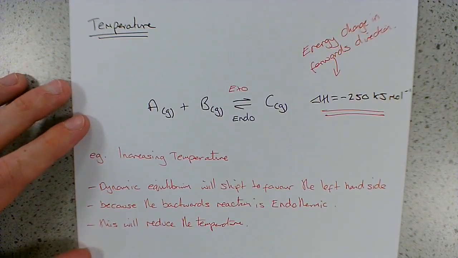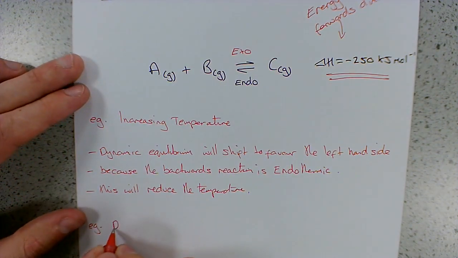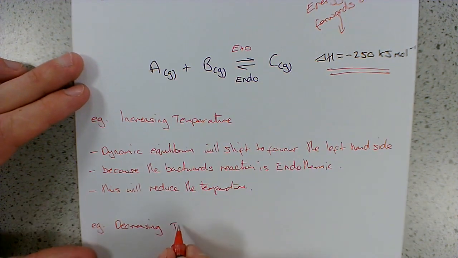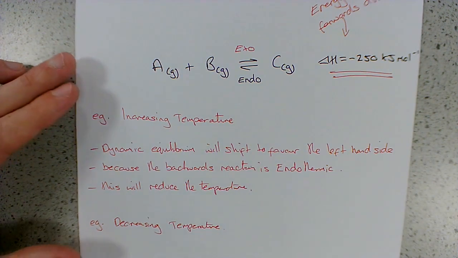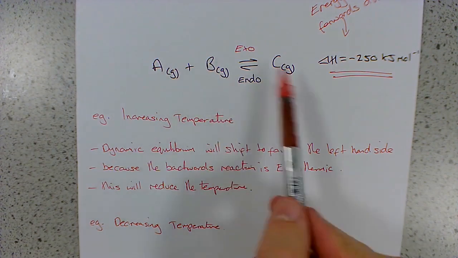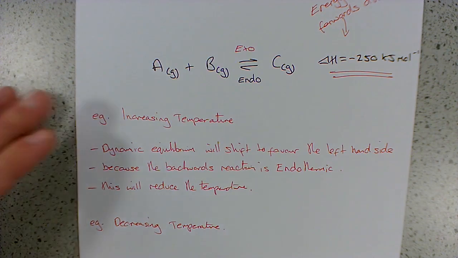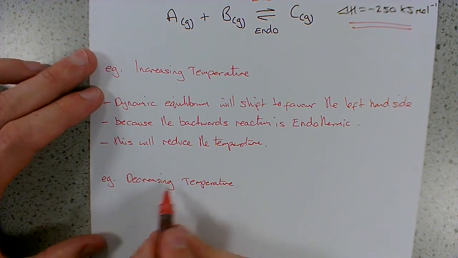If I were to do the opposite of that, if I were to decrease the temperature in this case, the dynamic equilibrium will shift to counteract that change. So if I've decreased the temperature, it will want to increase it. It's got two choices. It can go forwards or it can go backwards. In this case, the forwards reaction is exothermic. Exothermic reactions increase temperature. So it will favour the exothermic reaction in order to oppose my change.